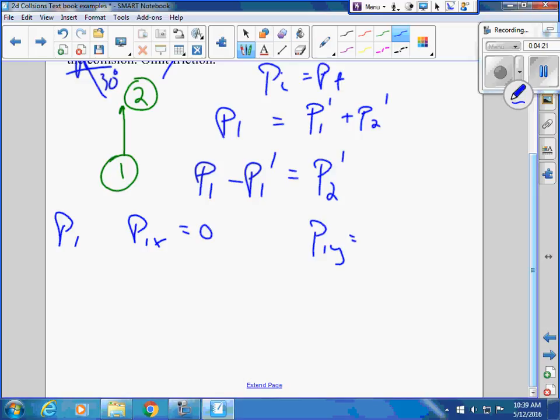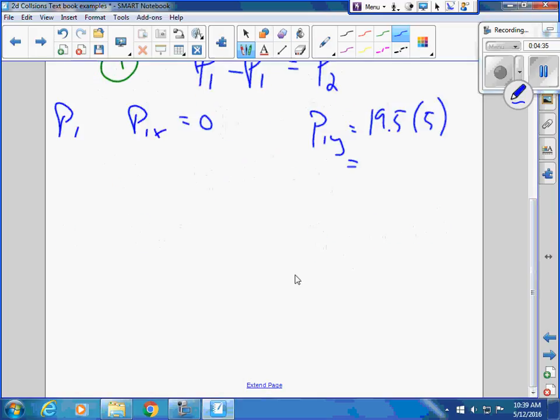It's 19.5 kilograms, moving at an initial speed of 5. 19.5 times 5, because that's the mass and that's the velocity.